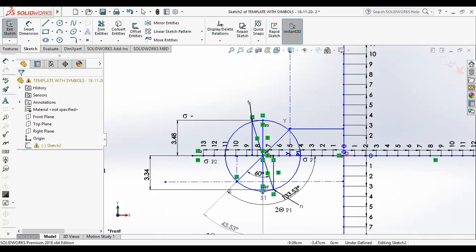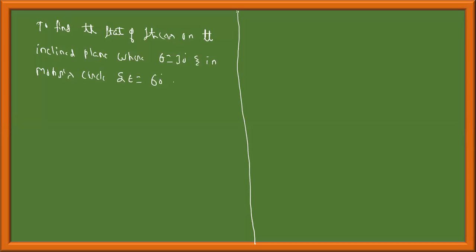This is the normal face, this is the tangential face. Let me write it. Sigma n is equal to sigma x dash, tau dash; sigma t is equal to sigma y dash, tau dash.